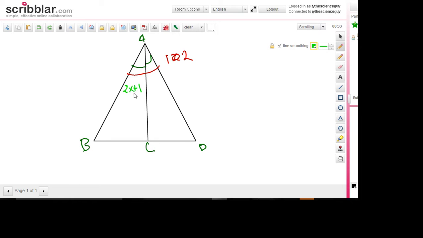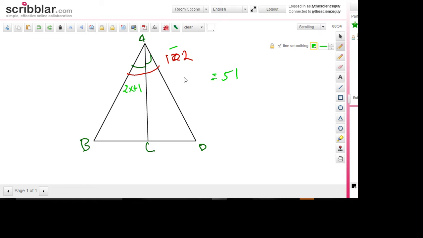Okay, what do I know about this angle and that angle then, if this is an angle bisector? That's half of that. So I can just take that number and divide it by 2, right? And then set them equal to one another. So what's 102 divided by 2? 51.